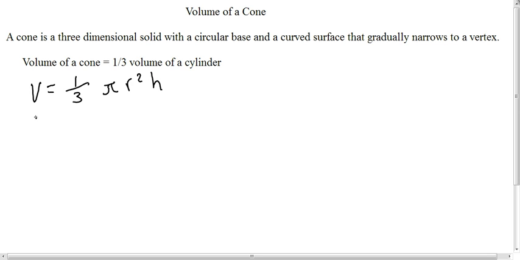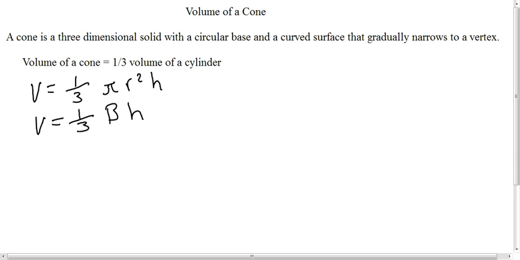Now, of course, that's simply V is equal to 1/3 big B times the H, which is what you will see in most instances with these formula charts.